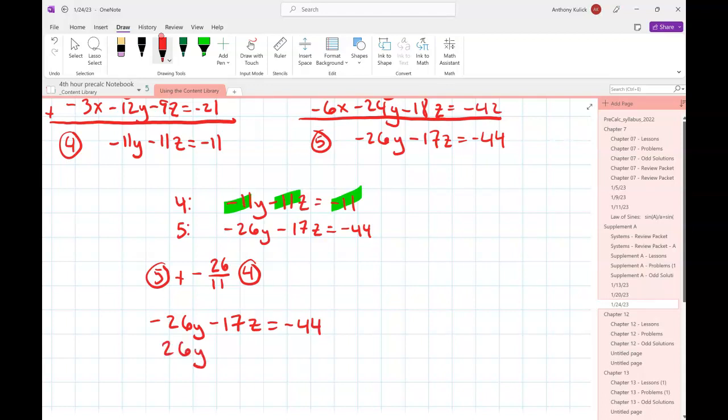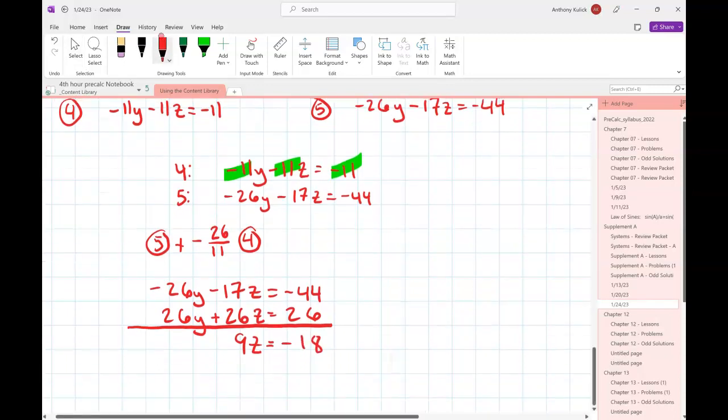I would just prefer not to have to worry about those numbers getting so big. Let's see, -26y plus 26y is 0. -17 plus 26z is 9. -44 plus 26 is -18. If I divide both sides by 9, I get z is -2.